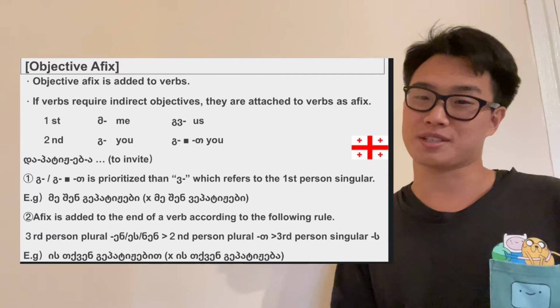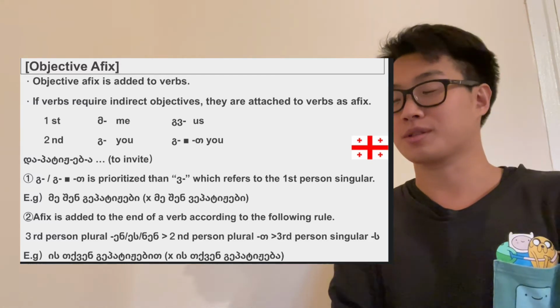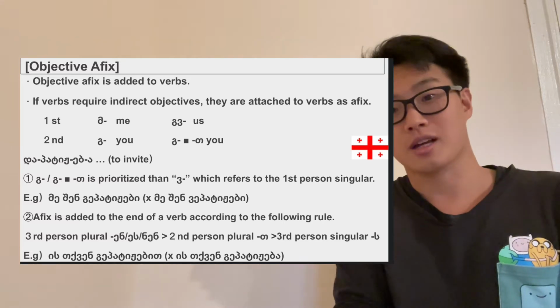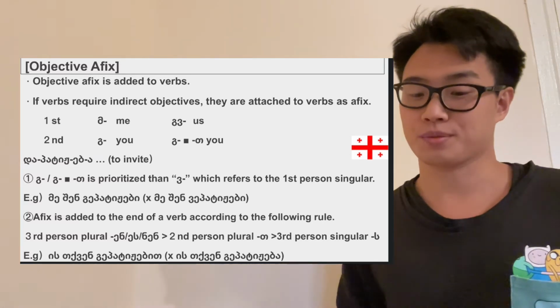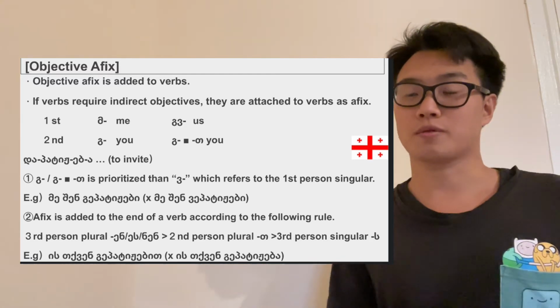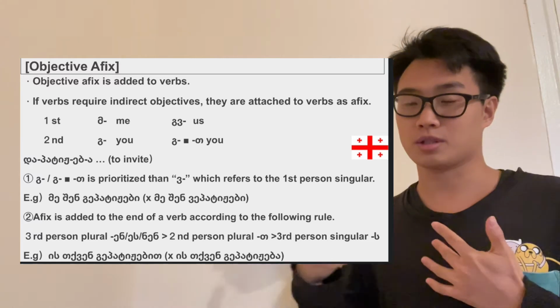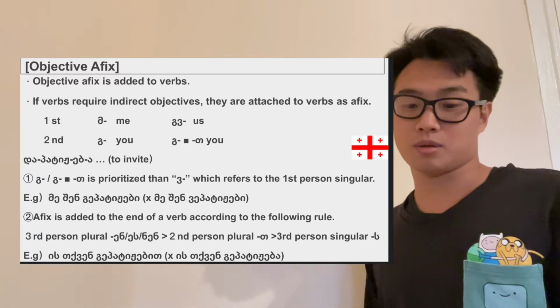English also doesn't have this kind of grammatical component, so I think it takes some time for us to understand the structure. But in this video we are going to look at the actual verbs, and I think we will get a much better gist of this objective affix.